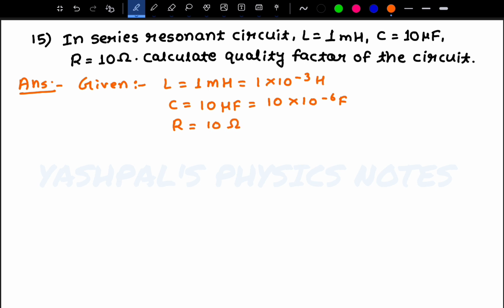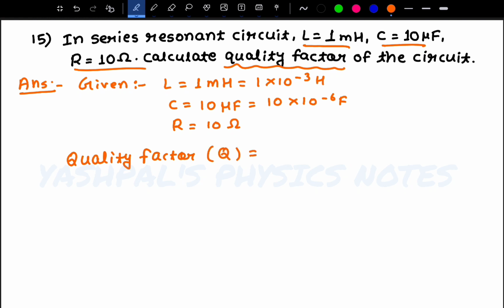Remember that this is an LCR circuit. Value of L is given, C is given, R is given. We have been asked to find the quality factor. So for resonant frequency in a resonant circuit, for finding the value of quality factor, here I am writing quality factor, which is denoted by capital Q. Its formula is 1 upon R under root L by C. This is also a 1 mark question.